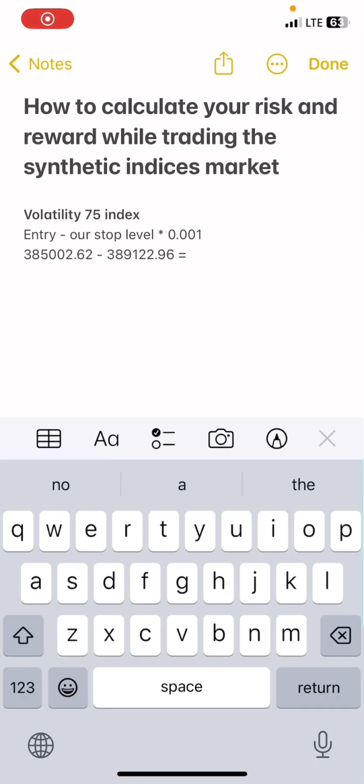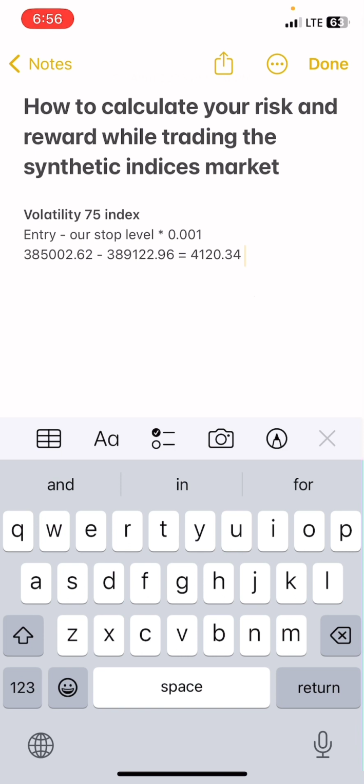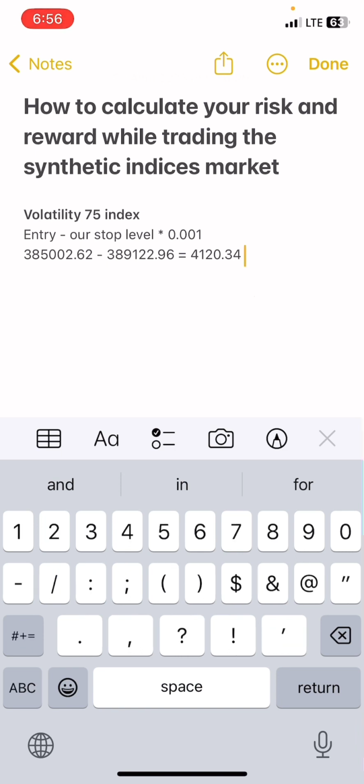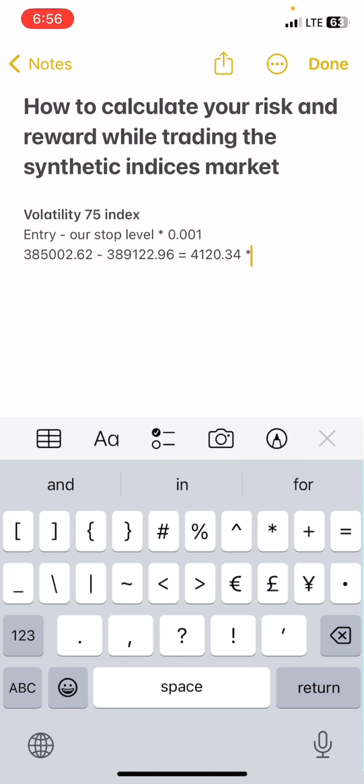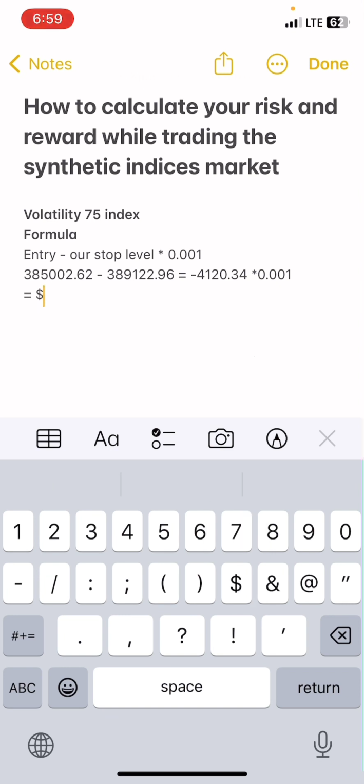So we'll be having 4120.34. So 4120.34 multiplied by, remember our formula, entry minus our stop level multiplied by our lot size. So our lot size is 0.001 times 0.001. So our risk could be in dollars basically.